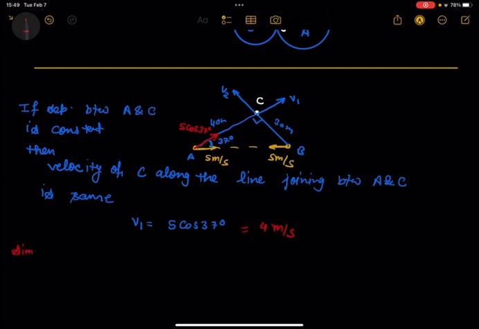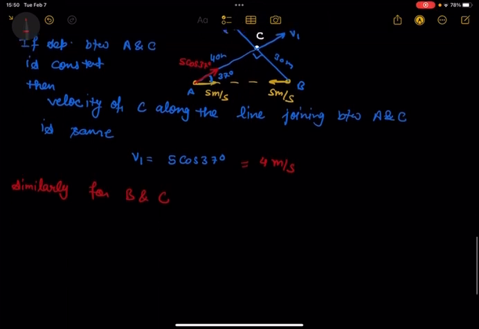Similarly for B and C. If the separation between B and C is also constant, C is maintaining a constant separation of 30 meter from B. So the velocity of B along the line joining C and B is the same.